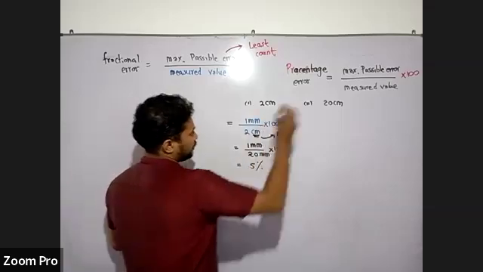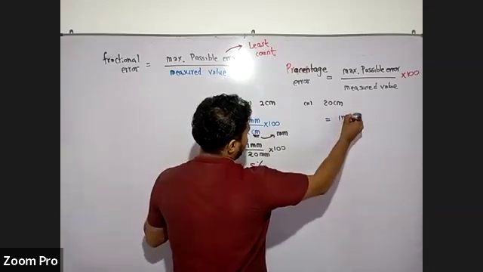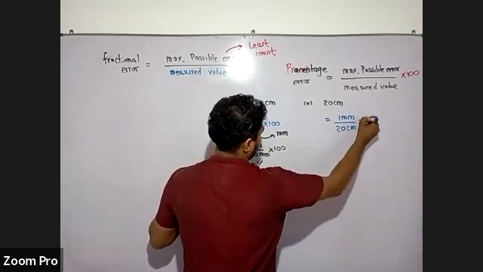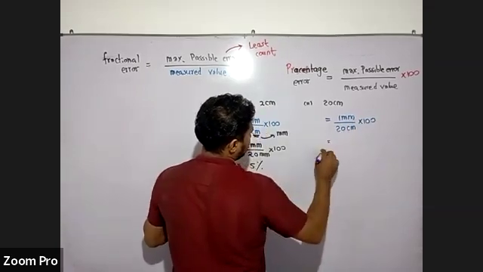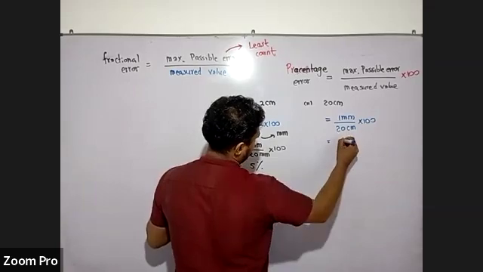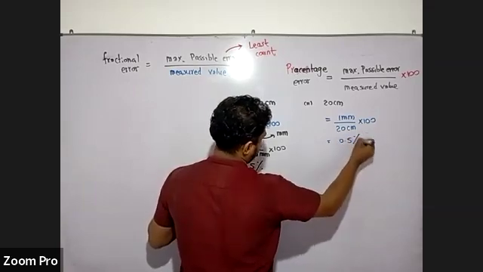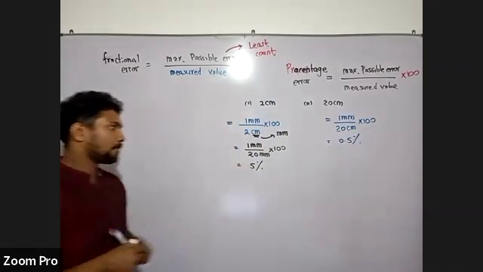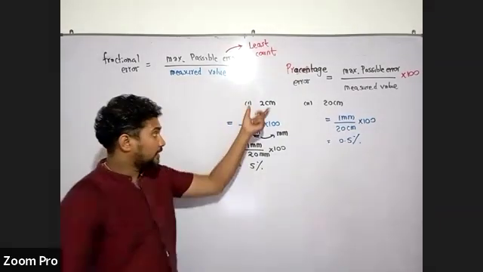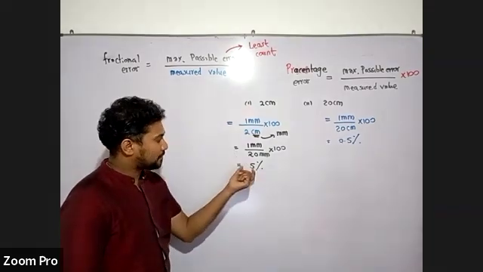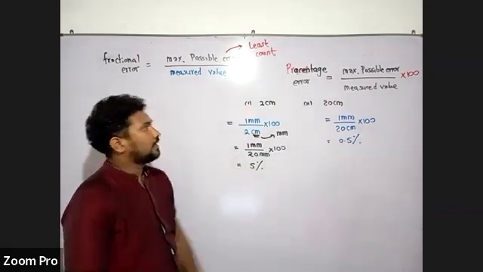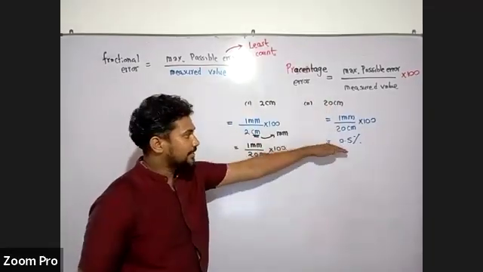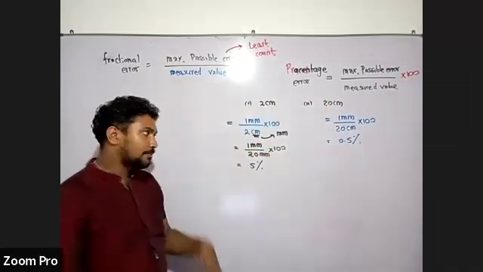Then in measuring 20 centimeters, the percentage error can be considered as 0.5%, isn't it? Right. So when measuring 2 centimeters using a meter rule, the percentage error is equal to 5%. Then when measuring 20 centimeters with a meter rule, the percentage error is equal to 0.5%, right?